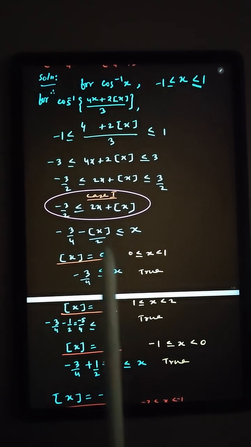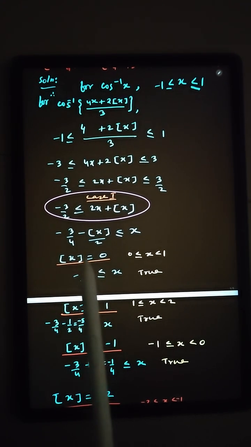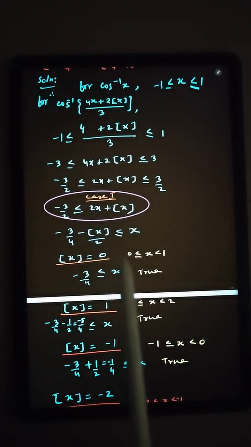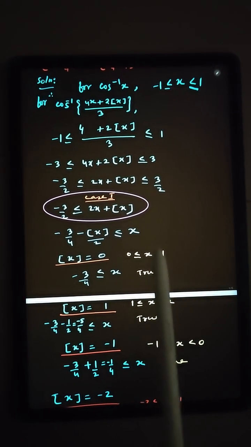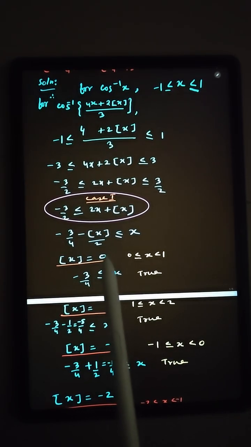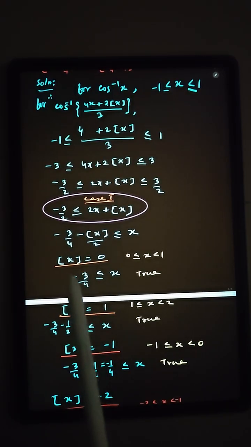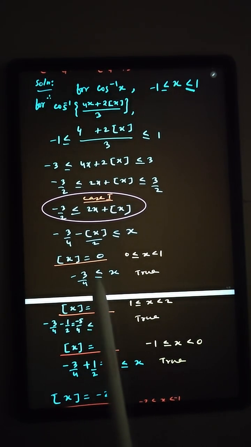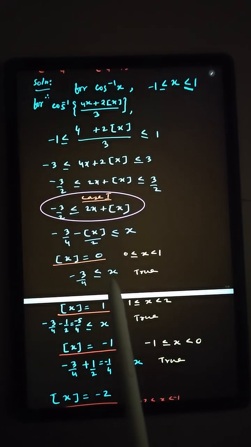Let us start. If the greatest integer value of x is 0, then x will lie in the interval [0, 1). For those x, the greatest integer will be 0. Then the above expression becomes -3/4 - 0/2, so -3/4 ≤ x.